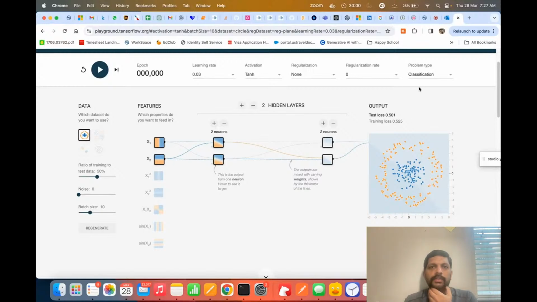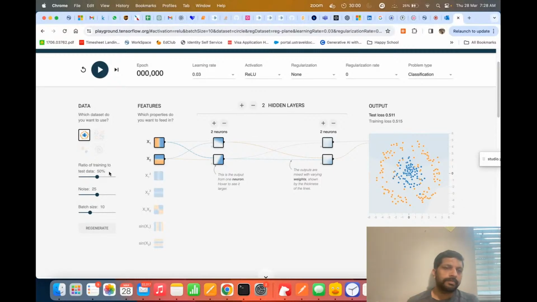Noise, ratio of training to test data 50%. Okay. Batch size 10. We'll look at all this. These will be part of hyperparameters, but I want to show you how these neural networks look.